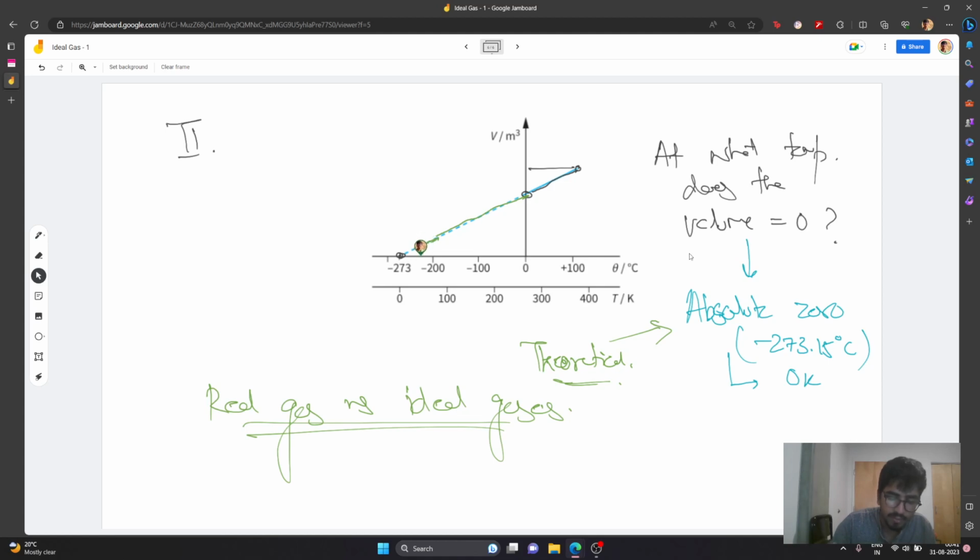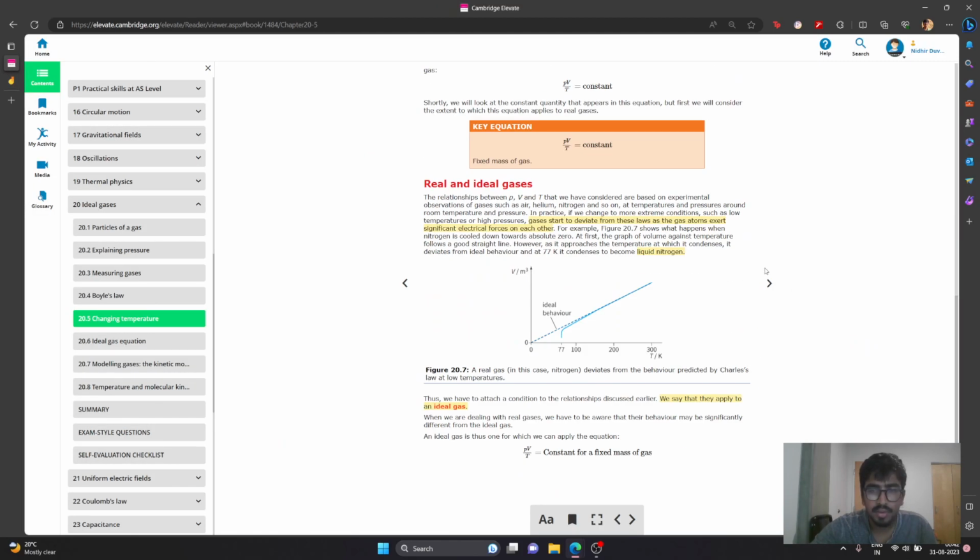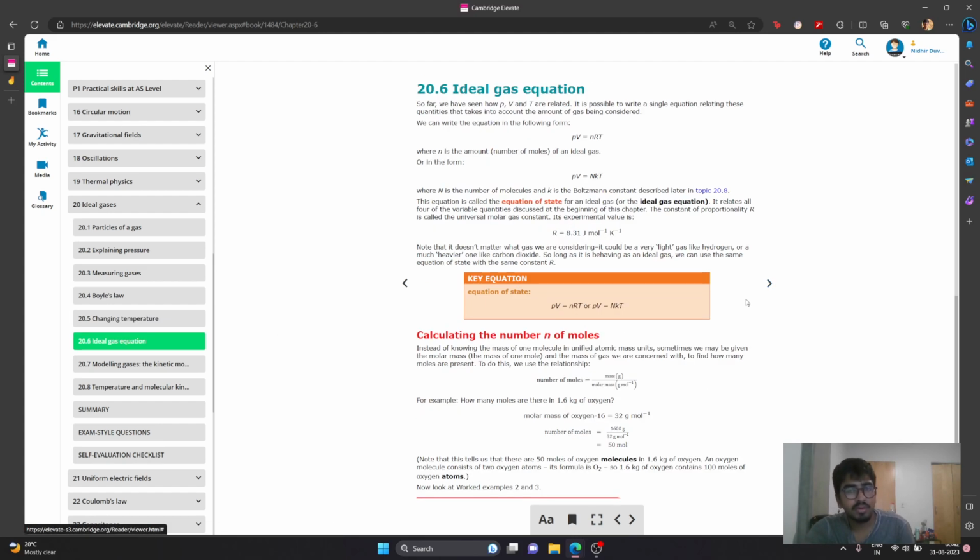At this point it has become a liquid. It stops following this curve, this gas equation, this Charles' law equation. Yeah, so that's the core idea behind the gas equation here. So this is what they show. I highly recommend reading the book for all of this. It shows a very nice, clear picture.